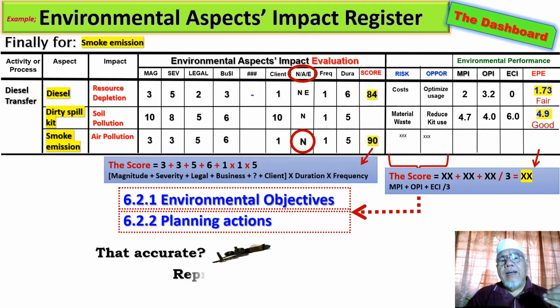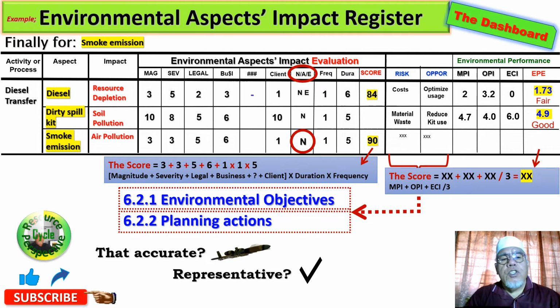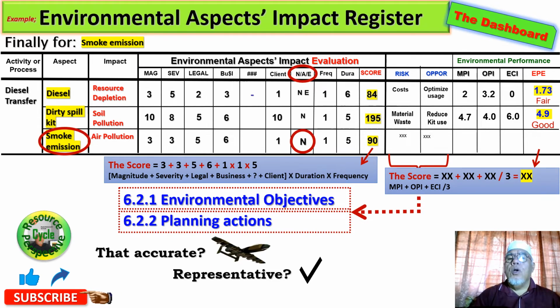Now we are here to look into the environmental performance for this particular environmental aspect, which is smoke emission. So we have got risks and opportunities as well that we have got to look at. And there you are, it is blank. So let us take a look. What are their respective environmental performance evaluations using the EPE indicator, or environmental performance evaluation indicator, which is over here.